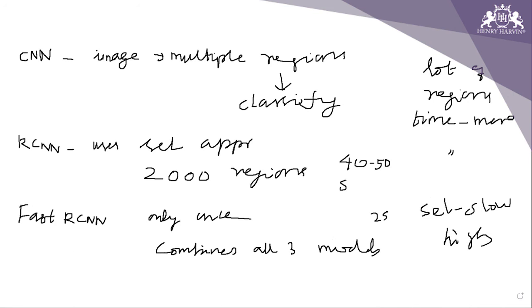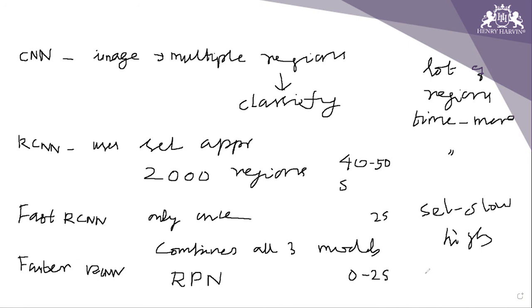The next one was Faster RCNN. What was the problem actually? Selective search was the problem. So it replaced the selective search method with the RPN, the region proposal network, so that the algorithm was a little faster, and the prediction time per image was around 0.2 seconds.